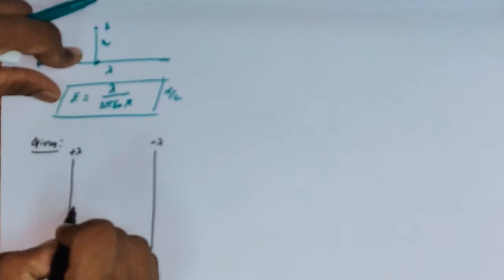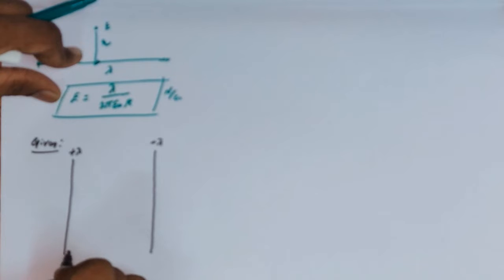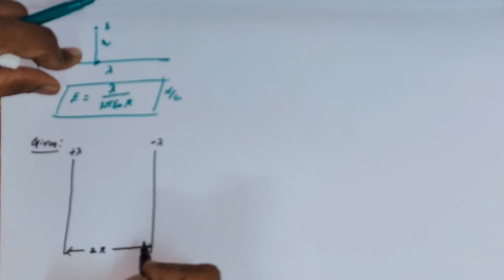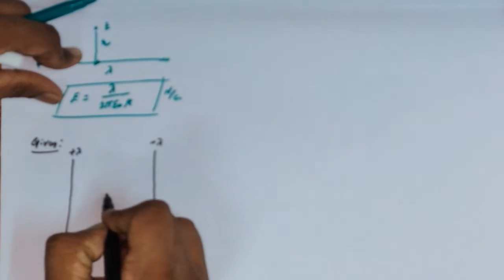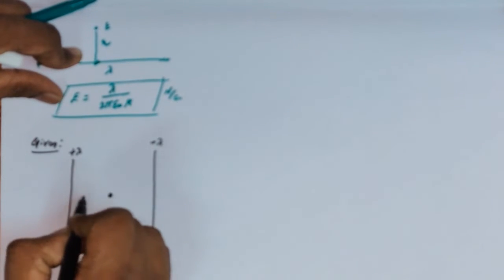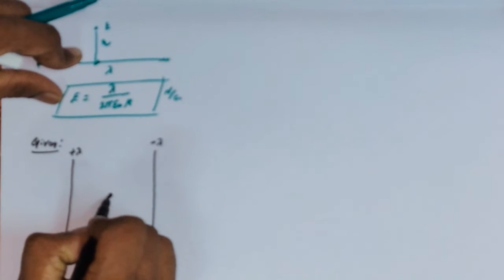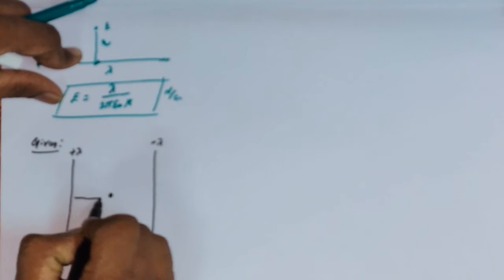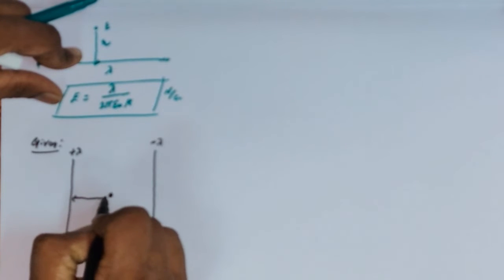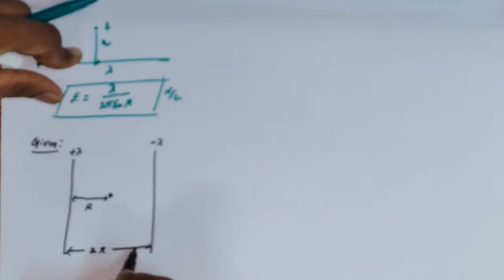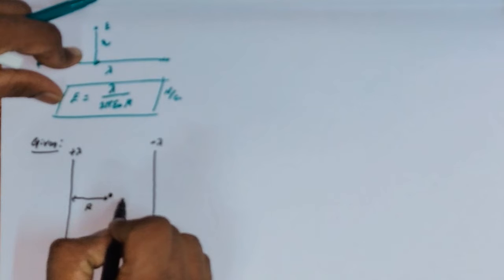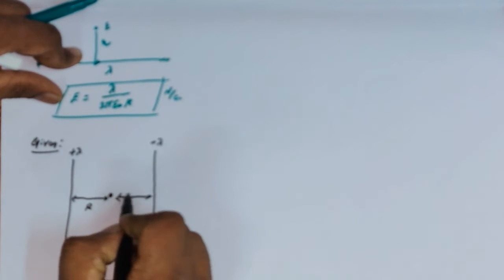The distance between the two line charges is 2r. Now what is the electric field midway between them? The distance of this midpoint from the positive line would be r, and from the negative line it would also be r.